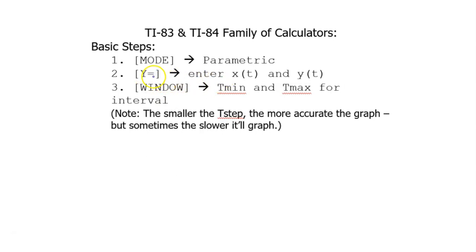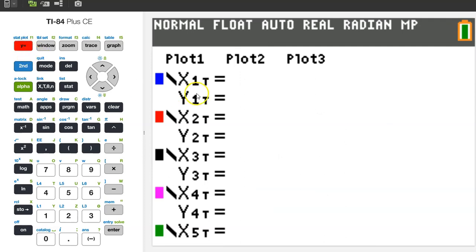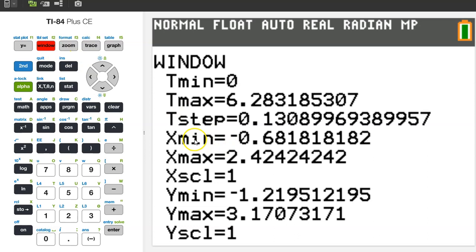If you click on the Y equals button, you will notice that x and y will be written as functions of t. And if you click on the Window button, instead of the usual x min, x max, y min, y max, we have this additional parameter for t.